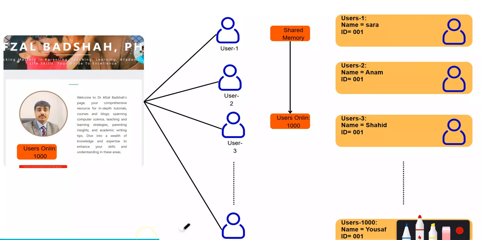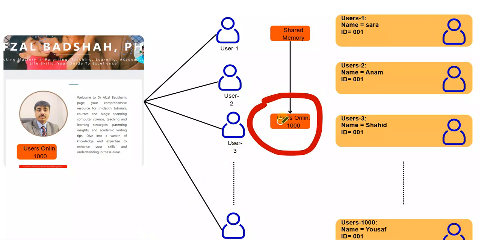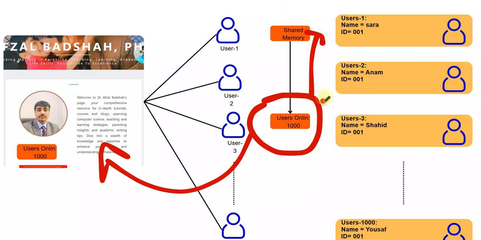So what we can do is create one shared memory. Now that memory is not part of the object. You can see that we haven't defined that memory, the user count, at the object level. We have defined this shared memory. You can say that this shared memory is now part of the class, and we are just sharing the same memory with all the objects.